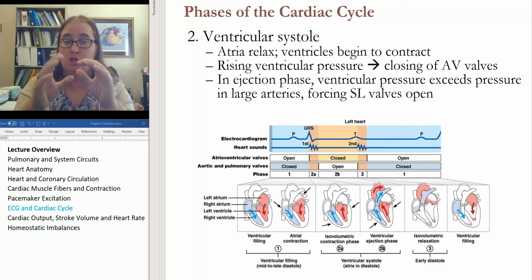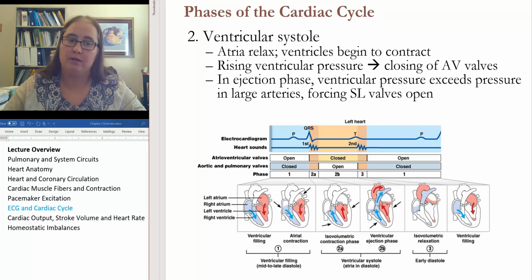So there's a short period of time where not only does the pressure inside the heart close our AV valves, but it isn't great enough to overcome the pressure at our semilunar valves. So it's a completely closed chamber, and this is called the isovolumetric contraction phase. Iso means same, which means everything's closed.